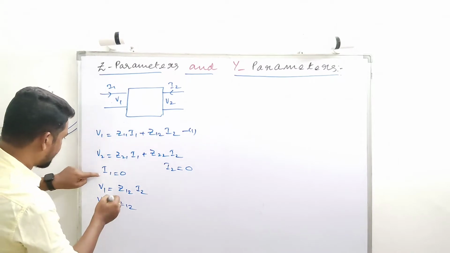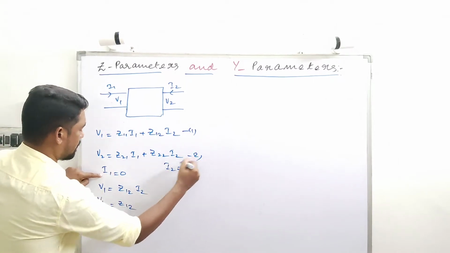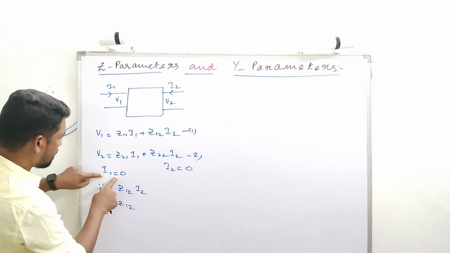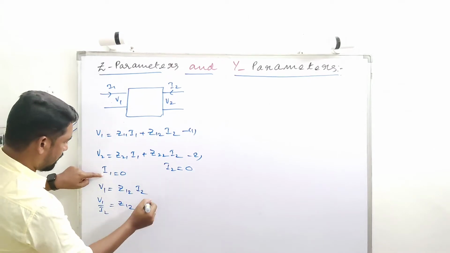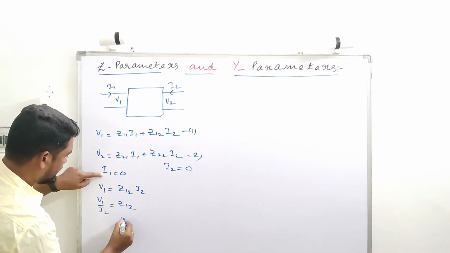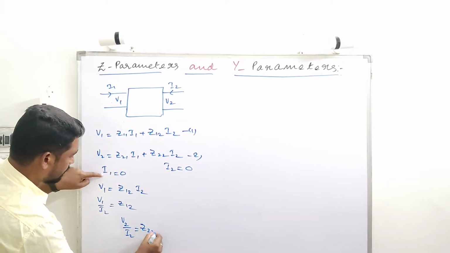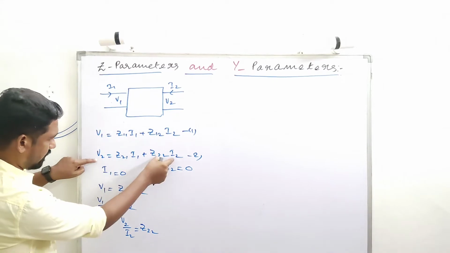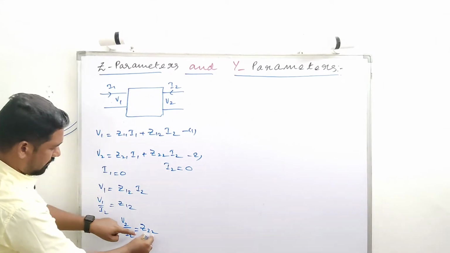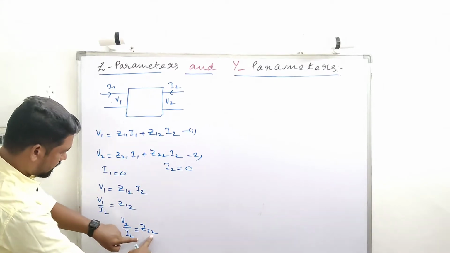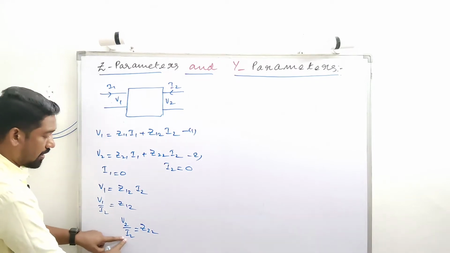And from the second equation, with the same I1 equal to 0, we will have V2 by I2 equal to Z22 straight away. So the Z parameter we are in search of will be the ratio V2 by I2.